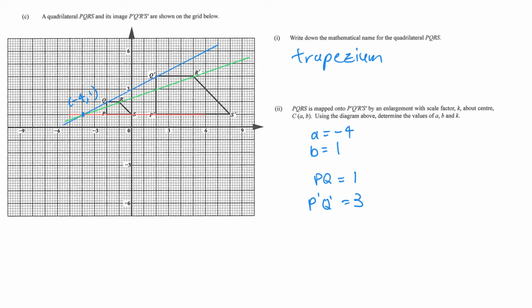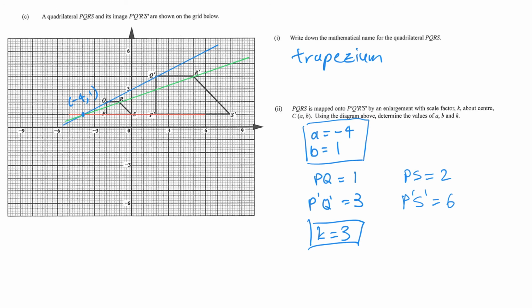We can double check this by comparing another pair of edges. For example, PS has length 2. If I compare that to the length of P'S', we see that that length is 6. So again, the length tripled, so our scale factor K is 3. So those are the answers to part 2.